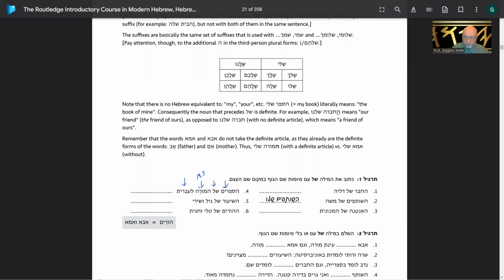So it's like the Hebrew books belonging to the teacher, right? But in Hebrew, they've got the Hebrew part way at the end here. So it's not the same order. That's what's kind of confusing as an English speaker. You've got to figure out what the order is first in translation, and then figure out what belongs to what. All right, guys.